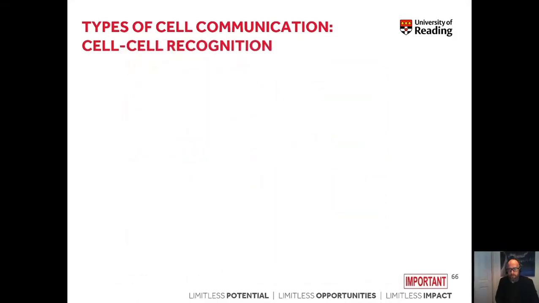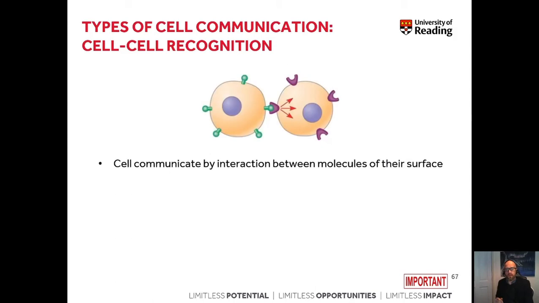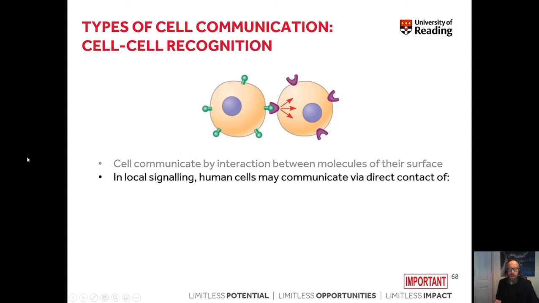The next type of communication between cells at close range is cell-to-cell recognition, because cells communicate by interaction between molecules on the surface. In local signaling, human cells may communicate via direct contact of membrane-bound cell surface molecules called receptors, and this is basically what you can see here.